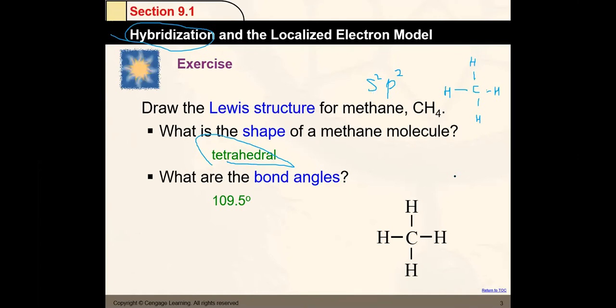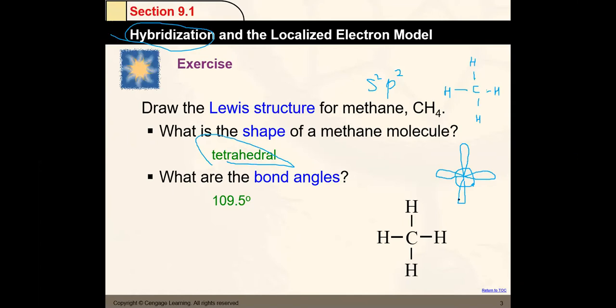I thought that the s orbital is spherical and p orbitals look like 2 balloons. If I have p2, that means I'm using two p orbitals, which will look like this. The center will be the s orbital right here, and then we have 2 p orbitals, each perpendicular to the other.